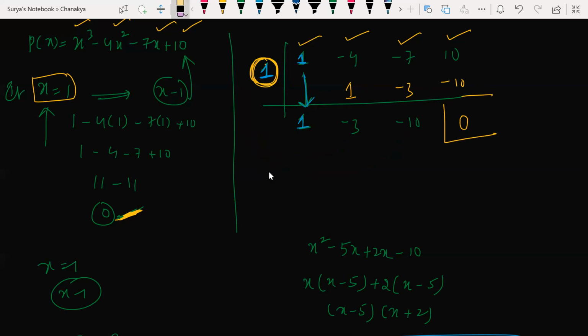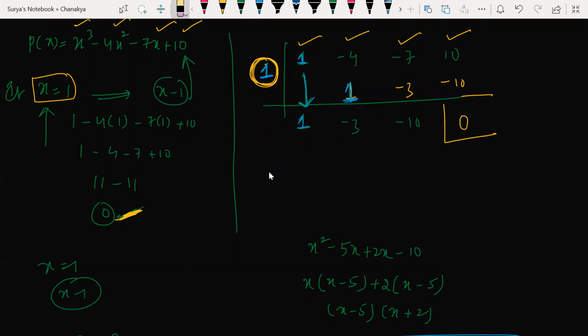Now what I did here is I got one number, right? That number into this number, 1 into 1. I got that answer, I wrote here. Correct? Now after multiplying, adding these two numbers, -4 plus 1, how much? -3. Getting my point?